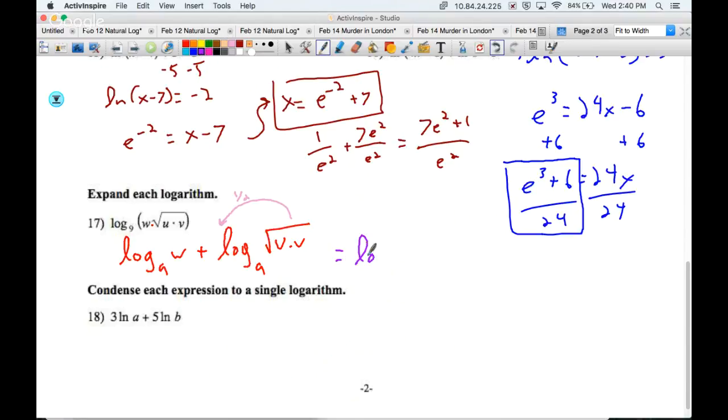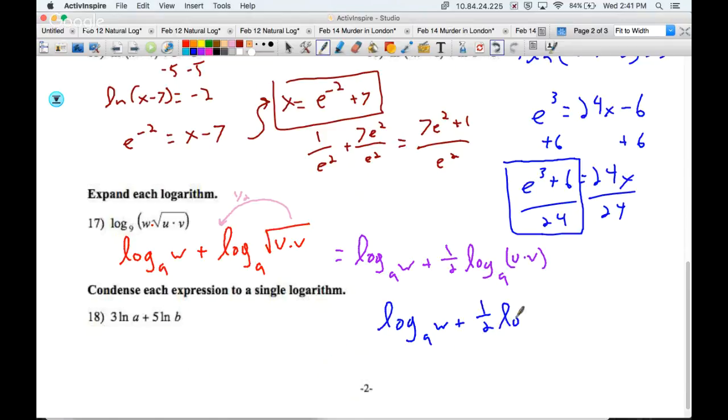So this here is going to be log base 9 of w plus 1/2 log base 9 of u times v. Now this can be split up into addition, and that 1/2 comes with the logarithm each time. So log base 9 of w plus 1/2 log base 9 of u plus 1/2 log base 9 of v.